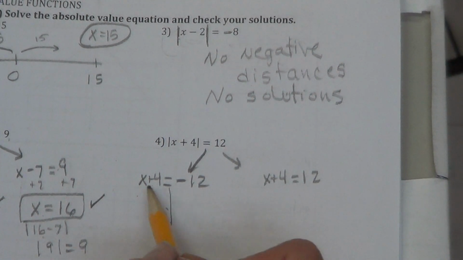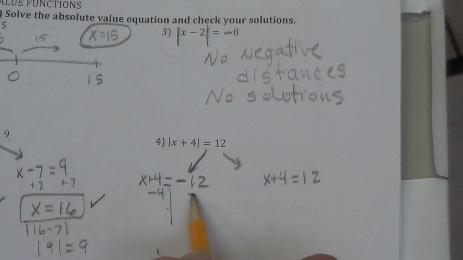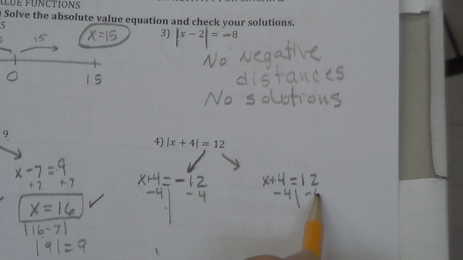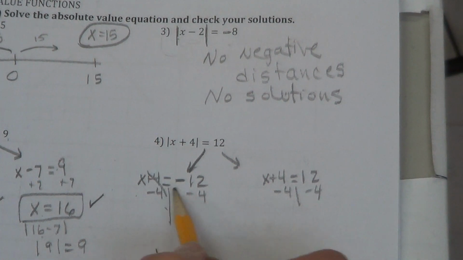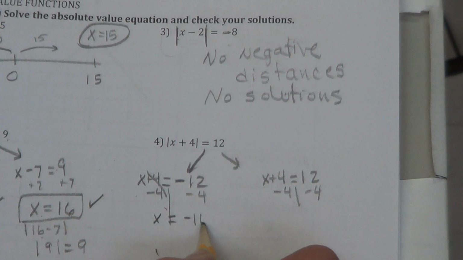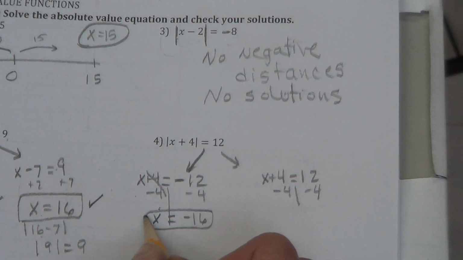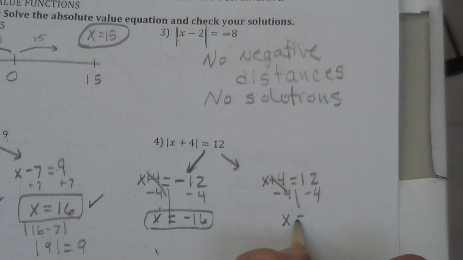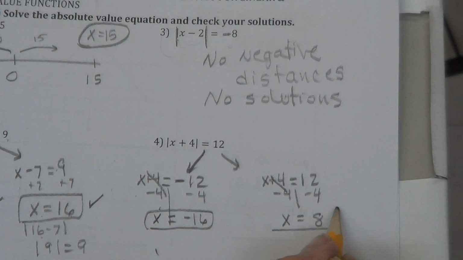Draw our line down. We're going to subtract 4 from this side. We're going to subtract 4 from this side. That cancels. We get x equals negative 16. That cancels. We get x equals 8.